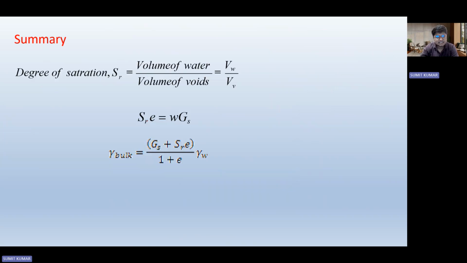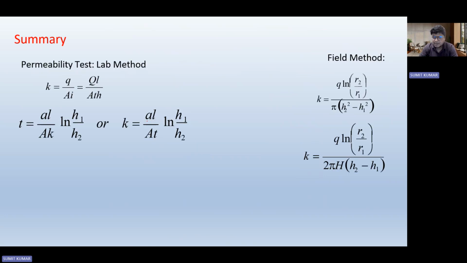Afterwards, we moved ahead in the subject, and we understood the basic properties like bulk unit weight and degree of saturation. Then we moved to permeability, where we understood the constant head permeability test and the falling head permeability test. Apart from that, we also understood how to calculate permeability by taking two test reservoirs, and for confined and unconfined aquifers, which we also discussed in the lecture series.